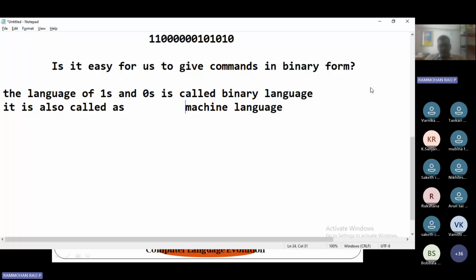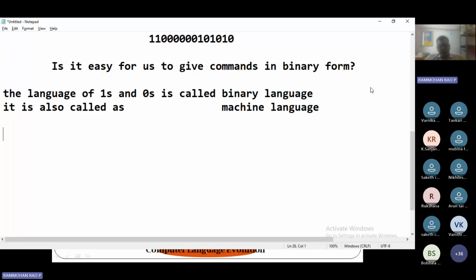It's the language of the machine. So binary language is also called machine language, my dear friends. So it is very difficult for me to give commands to the computer in machine language. So what we will do is take the help of something called programming languages.